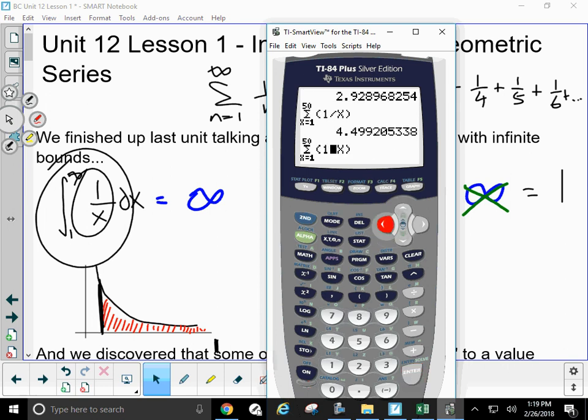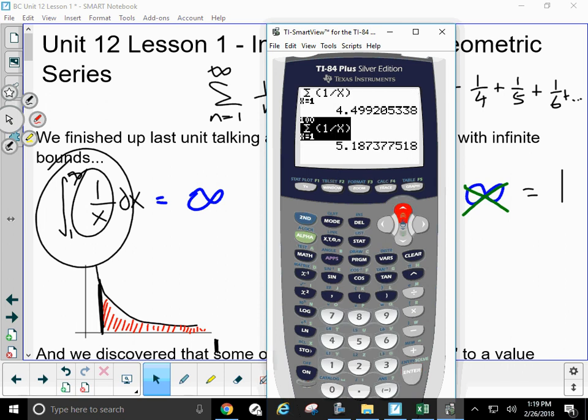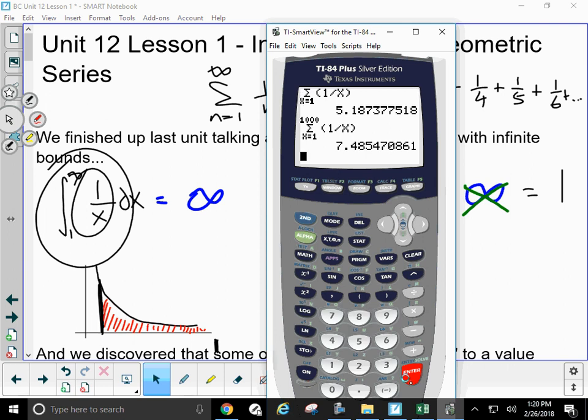Let's go to 100. All right, 5.18. Seems like we're slowing down, right? Let's go to 1,000. No, now we're at 7.48. If you keep adding numbers here, this will keep increasing.